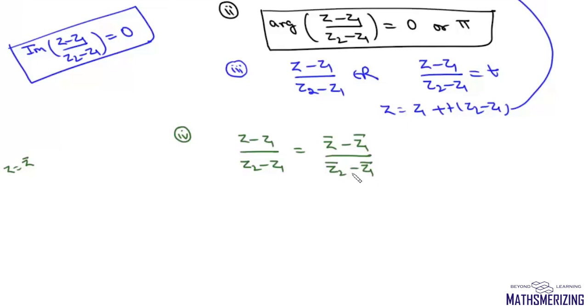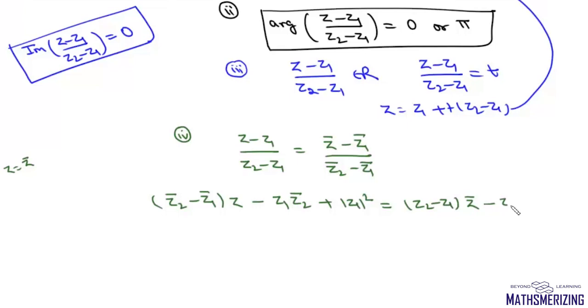Now we cross multiply, we can write this as (z2 bar minus z1 bar) z minus z1 z2 bar plus mod of z1 square, and it will be equal to (z2 minus z1) z bar minus z2 z1 bar plus mod of z1 square.